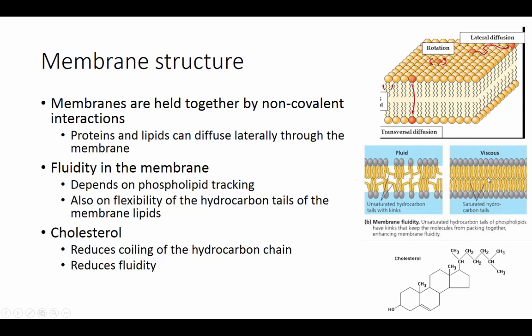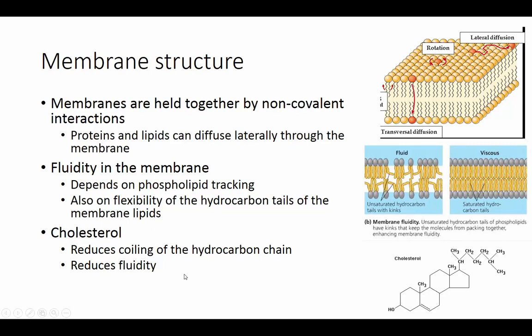If you've got very straight saturated hydrocarbon tails in your lipids, you're going to have a very tightly packed structure, and you can see that here, and that makes it more viscous and harder for individual lipids or for proteins to move around laterally in a membrane. Usually there's some combination of the two in most biological membranes. So the flexibility of the hydrocarbon tails dictates how fluid the membranes are.